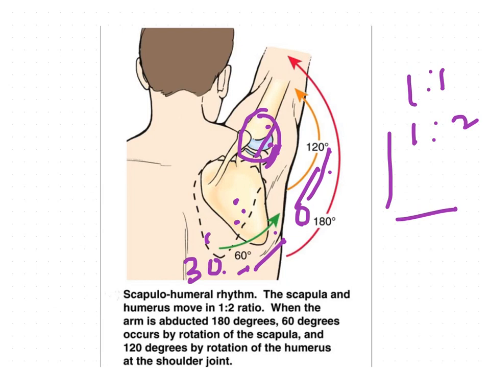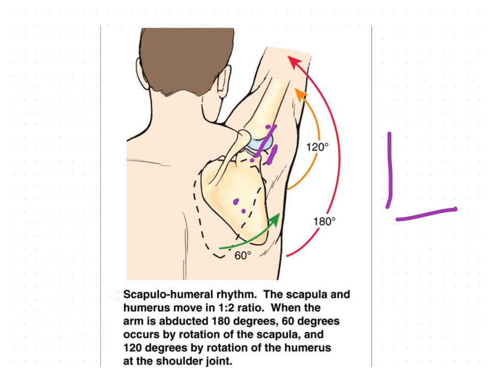In the next session, we are going to see the sternoclavicular and acromioclavicular contributions in the scapulohumeral rhythm, the integrated function of the shoulder complex.